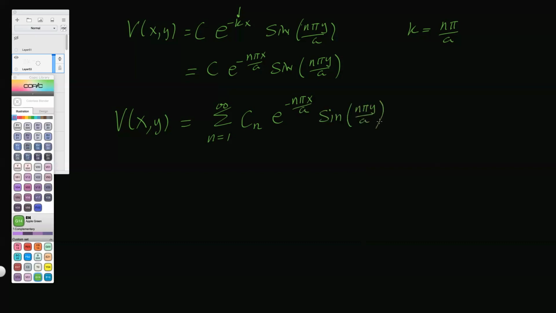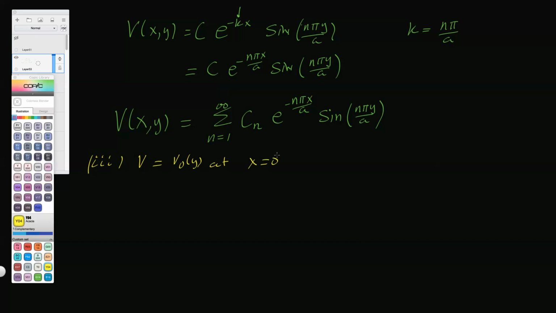Now, this satisfies all of the boundary conditions except for 3. We don't know anything about 3 yet. So when we implement boundary condition 3, which is that v equals v0 of y at x equals 0, that's what the strip is.